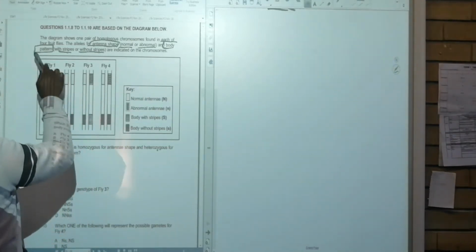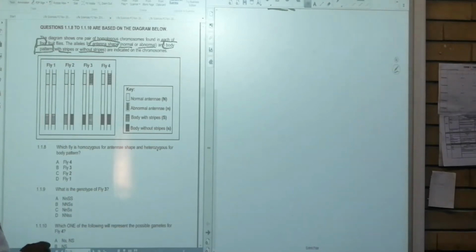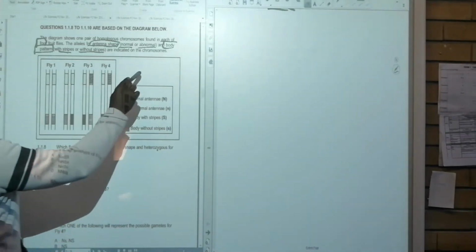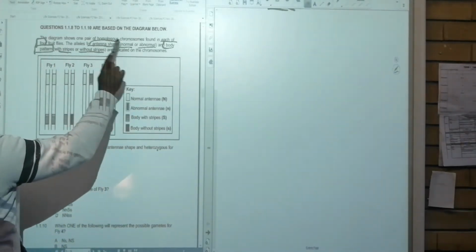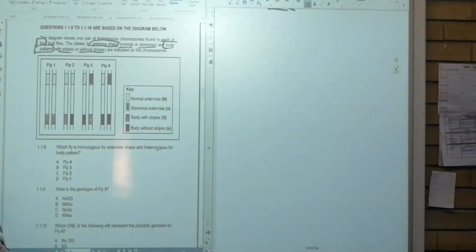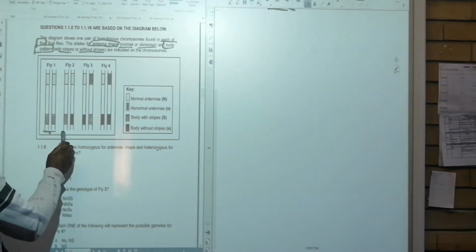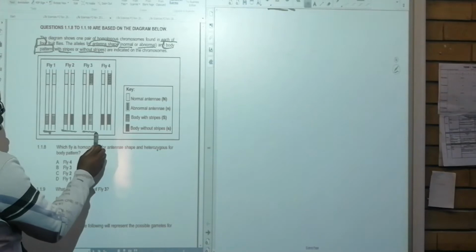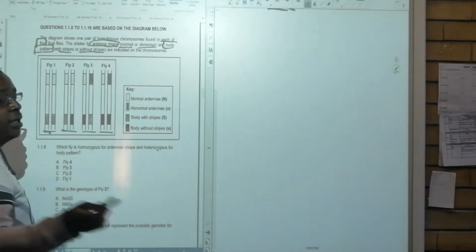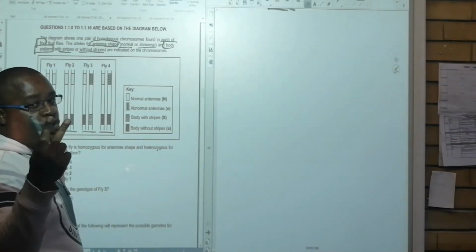So how many flies are we looking at? We're looking at 4 fruit flies. So what are they saying? The diagram shows one pair of homologous chromosomes found in each of the 4 fruit flies. So this is one pair. This is another pair. This is another pair. This is another pair. How many characteristics are we looking at? 2 characteristics.